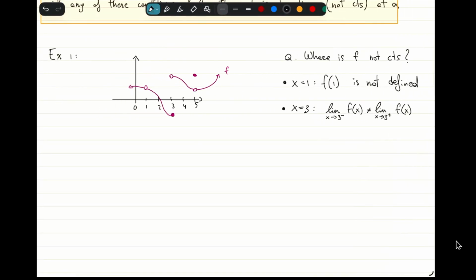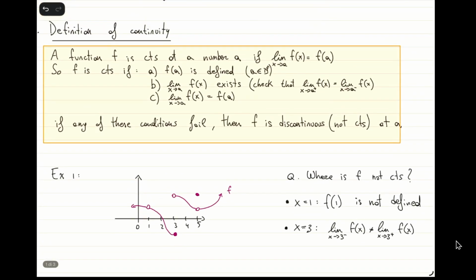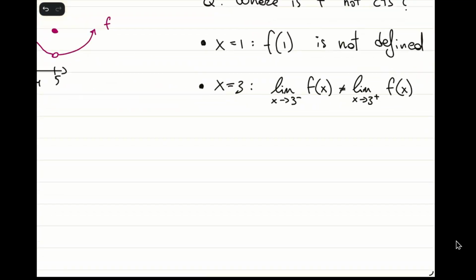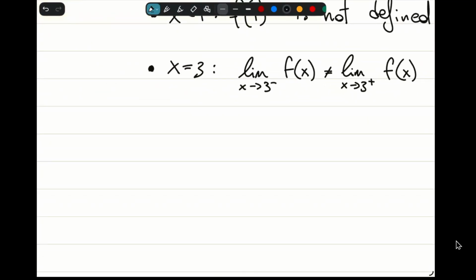And we're done. This function is not continuous. We don't even need to check this because we know our limit does not exist. We can actually say it here. This implies that the limit as x approaches 3 of f of x does not exist.